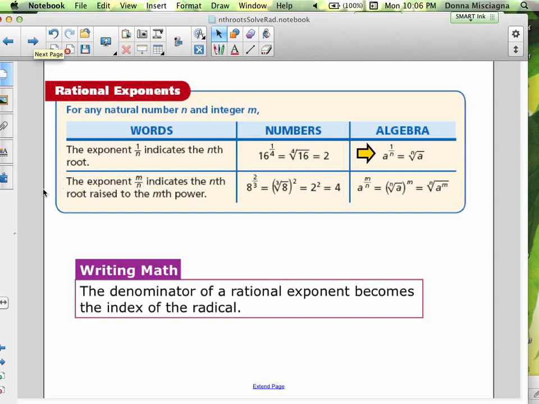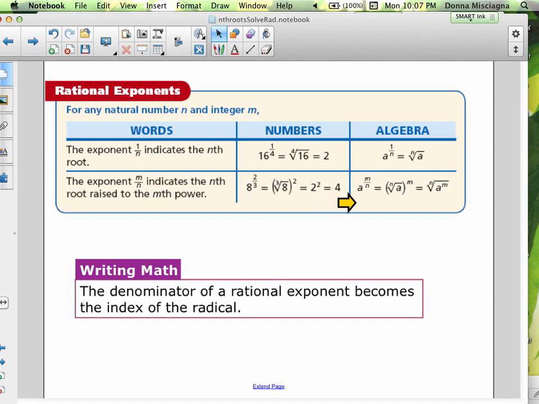The exponent m divided by n indicates the nth root raised to the mth power. So here we have 8 to the 2/3 power, which can be rewritten as the cube root of 8 squared. You could take the cube root of 8, which is 2, and 2 squared is 4.